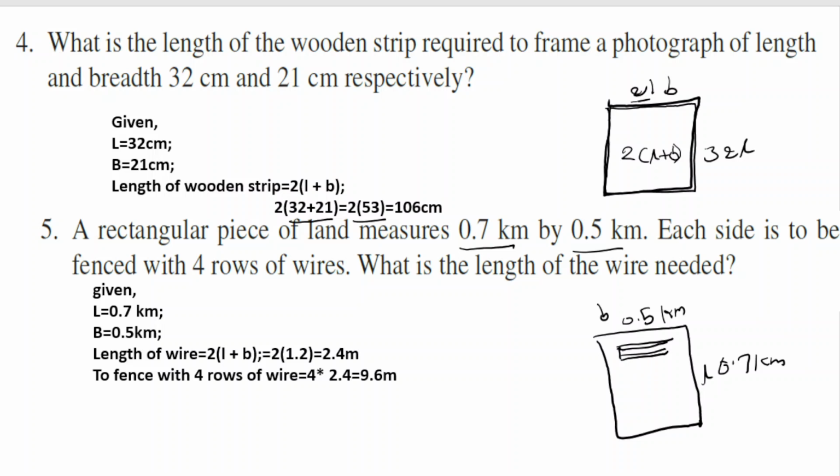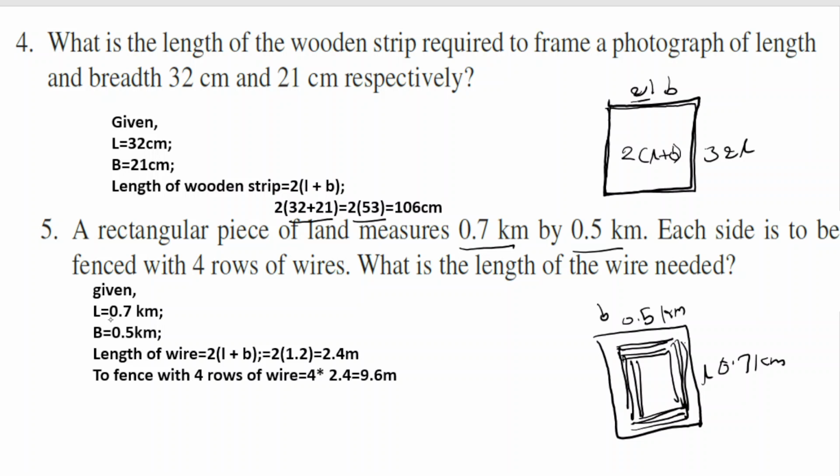First let's find out the perimeter of the rectangular field, then find out the length of the wire needed to fence it with 4 rows of wires.